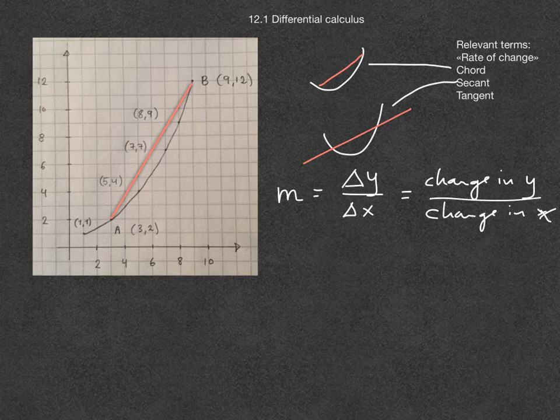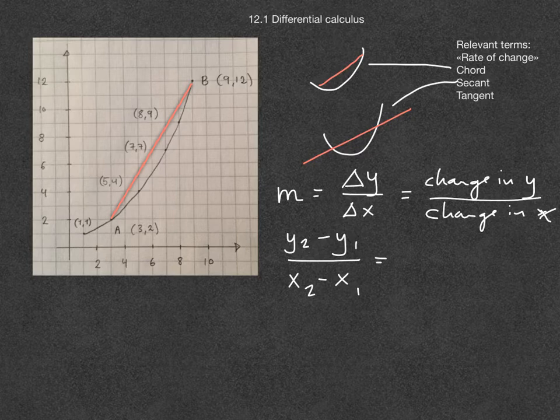So the gradient for the chord AB is going to be y2 minus y1. So y2 is going to be the y coordinate for B, and y1 is the y coordinate for A, divided by the difference in x value. And difference is the same as subtraction. So the difference in y value is going to be 12 minus 2.